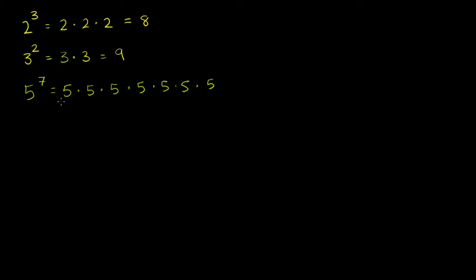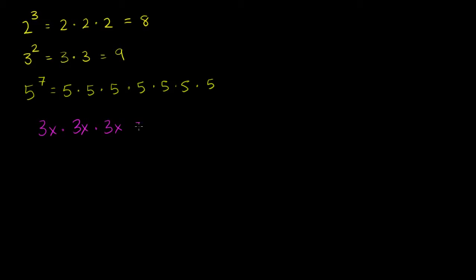Let's get a little bit steeped in algebra using exponents. So what would 3x, let me do this in a different color, what would 3x times 3x times 3x be? Well, one thing you need to remember about multiplication is it doesn't matter what order you do the multiplication in.